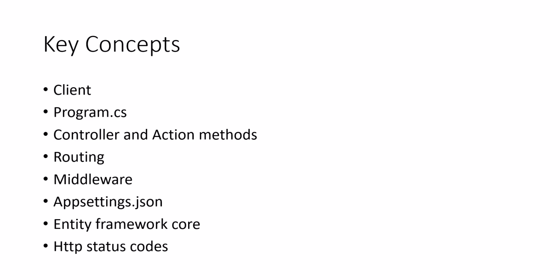And then coming to middleware. So what is middleware? Middleware, again, you can think of it as code which gets executed for every request and for every response, and this is the code that gets executed even before the request hits my controller and action method.